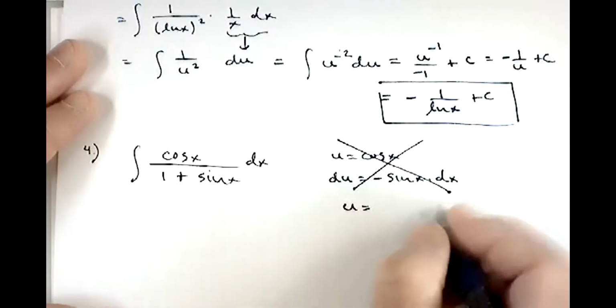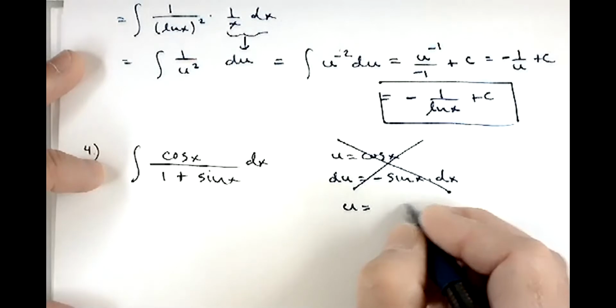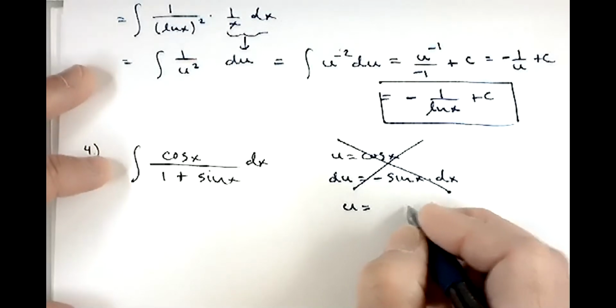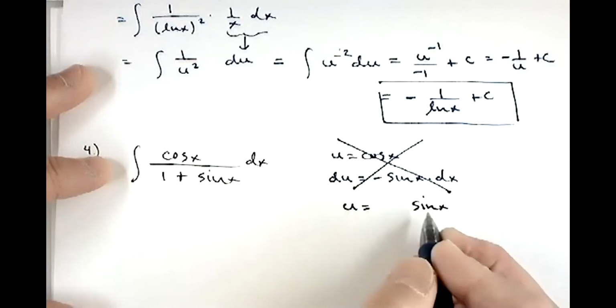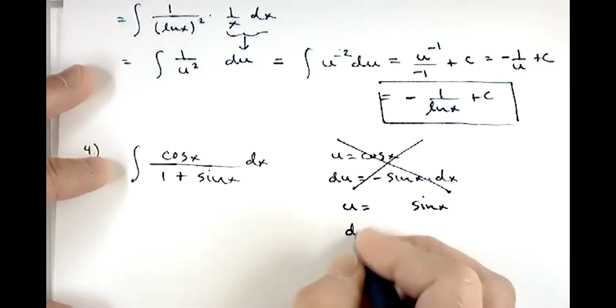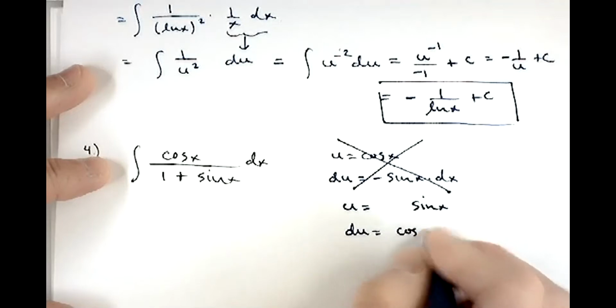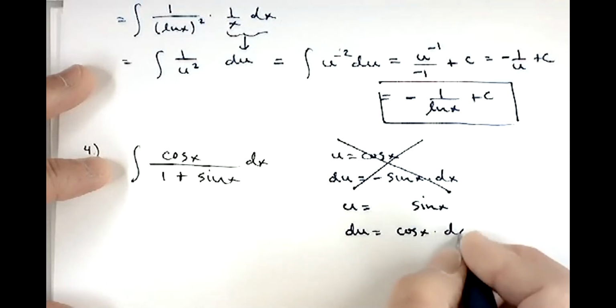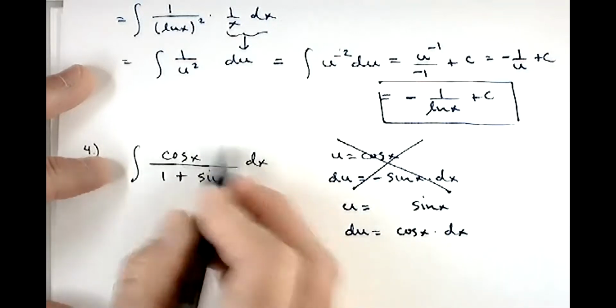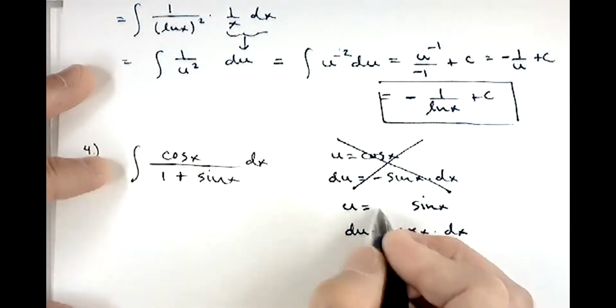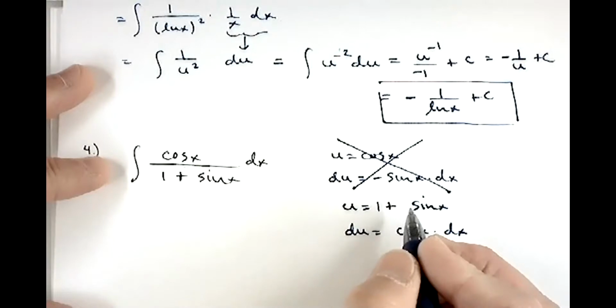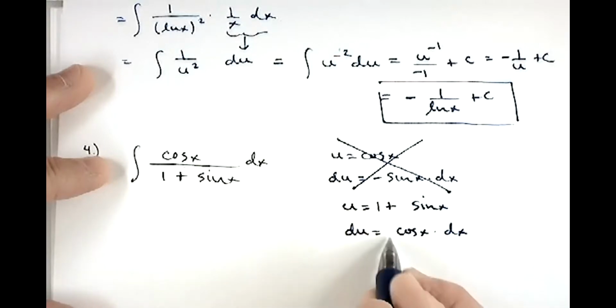What would be another good choice? Let me show you more reasoning on how you choose your u. Certainly, if I let u equal sine x, du is cosine of x times dx, which is exactly what we have here. But why not just take this 1 as well? Because the derivative of 1 is 0 anyhow.